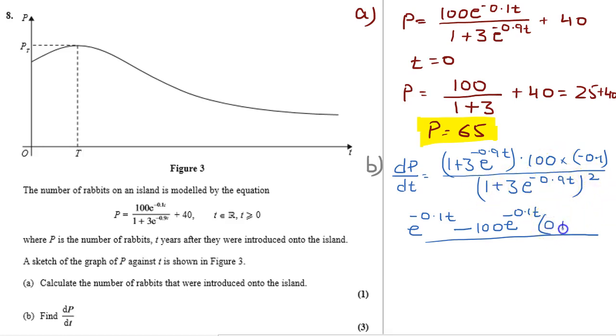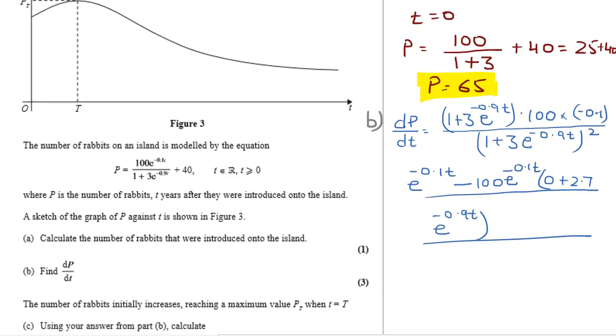So the differential of 1 is 0, plus 0.9 times 3 is 2.7 e to the power minus 0.9t. So that is the differential.